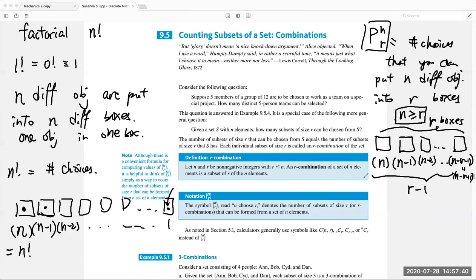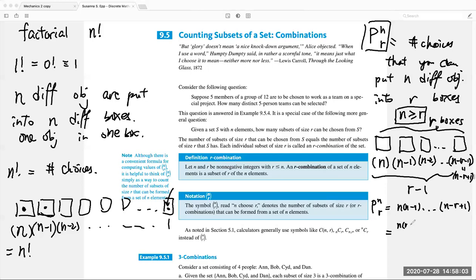So that means NPR can be written as n times n minus 1 times n minus 2 up to n minus r plus 1. But it's so clumsy to write it like that. How can we simplify it?